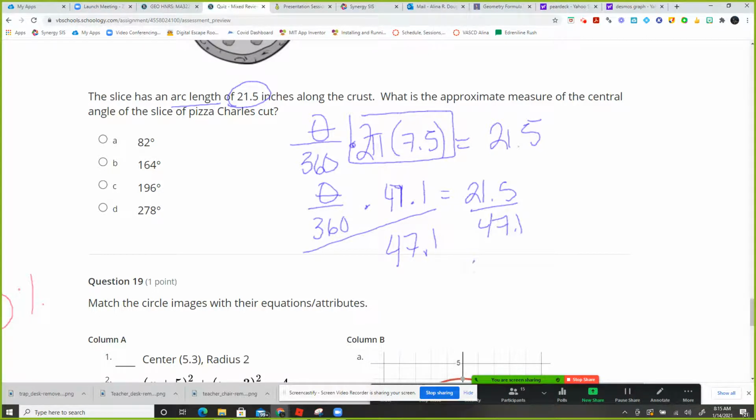So now I've got the angle divided by 360 equals 21.5 divided by 47.1. That's 0.45, which looks crazy until you multiply by 360. And then you should get an answer.